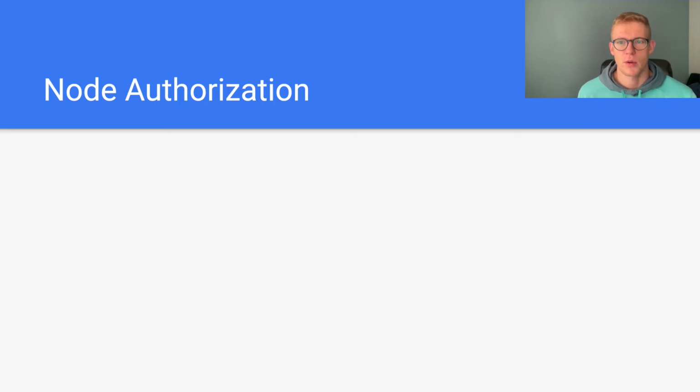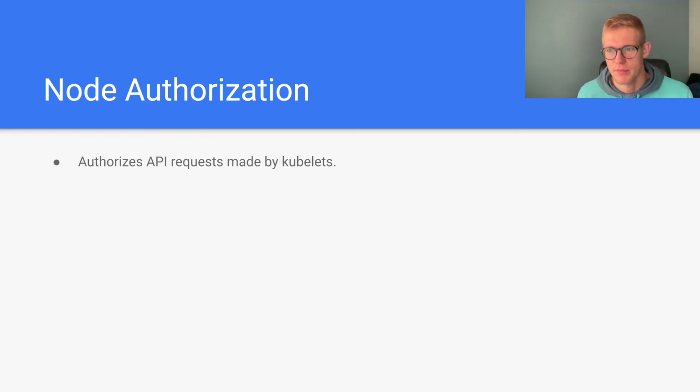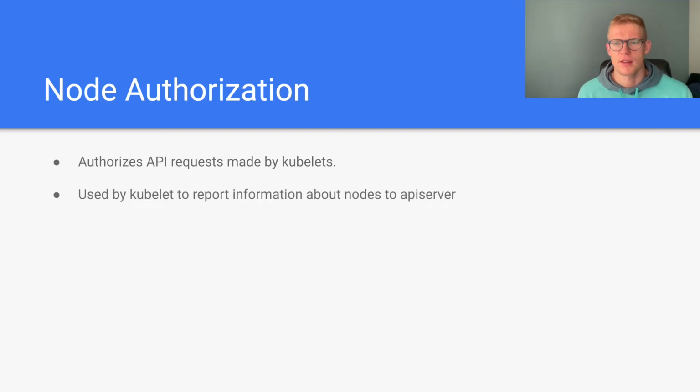So now let's quickly look at a few different types of authorization. The first one is node authorization, and this authorizes API requests made by kubelets. So it's a specialized type of authorization built specifically for the interaction between kubelets and nodes. And it's used to report information about nodes.